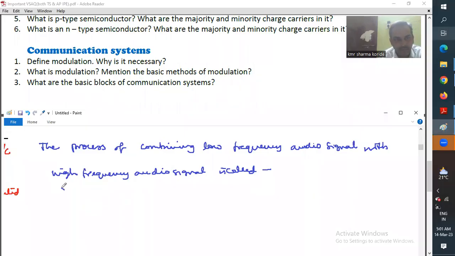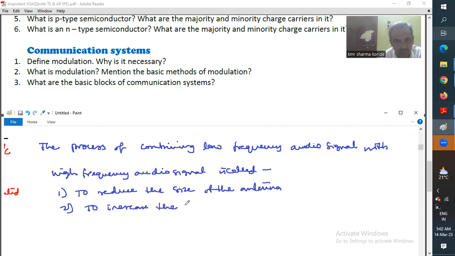It is necessary because, first, to reduce the size of the antenna. Second, to increase the effective power radiated by the antenna.